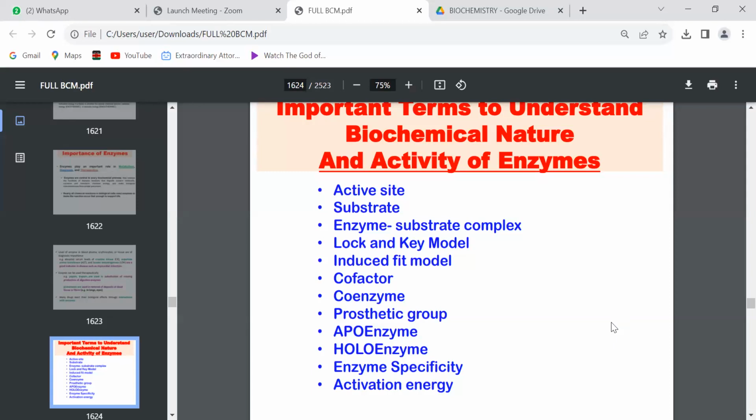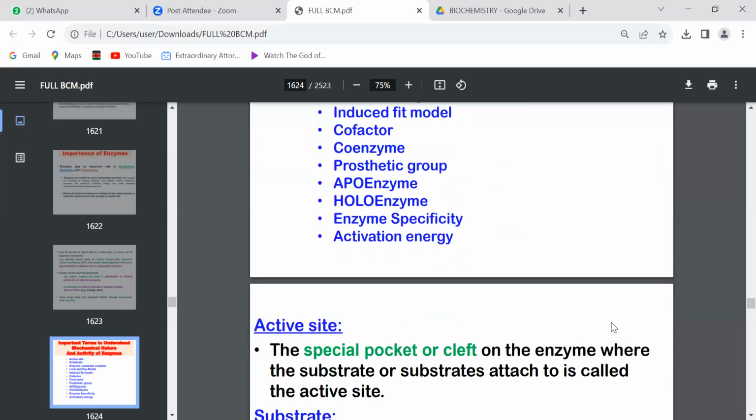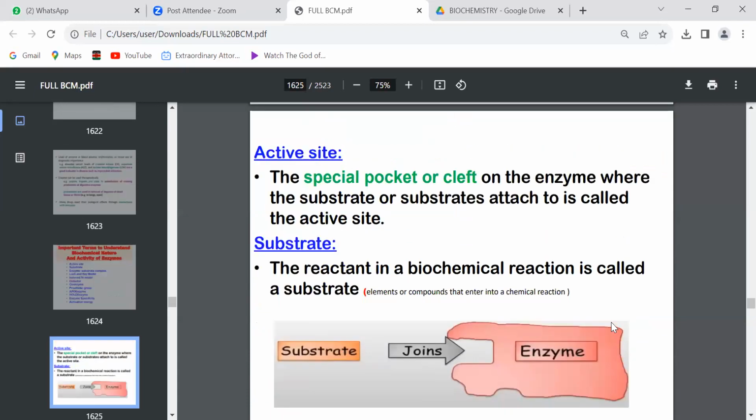When they bind, they either fit very well in a lock and key model, or when the substrate binds, the enzyme might undergo some conformational change so that the substrate and the enzyme fit perfectly in the induced fit model. Also, some enzymes might need cofactors to bind and activate them. So we'll see all those things as we move on.